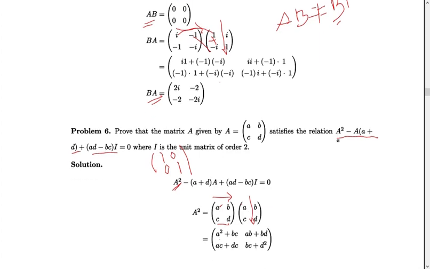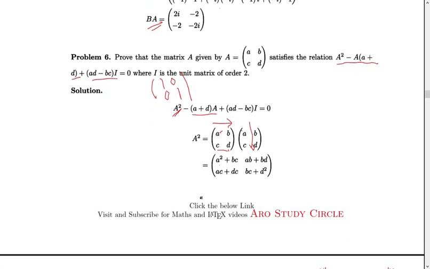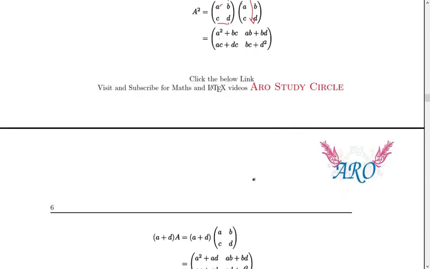We have found the value of A squared, and then we have to find the value of (a plus d) into A. Here a plus d is a constant term. (a plus d) into A is equal to (a plus d) times the matrix [a b; c d]. We multiply every element of this matrix by (a plus d).